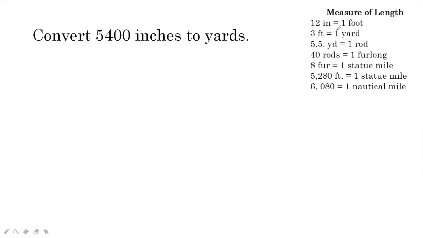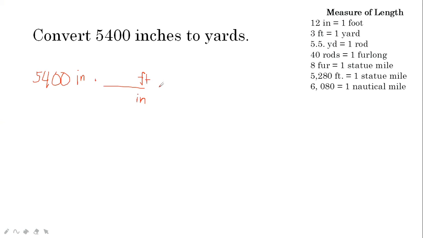So it means we can't skip from inches straight to yard. So this is what will happen. First we have 5,400 inches. Okay. Multiplied by, okay, we need inches first at the bottom. There. There is no direct inches to yard, right? We need inches to foot first. So, feet first here, or foot.